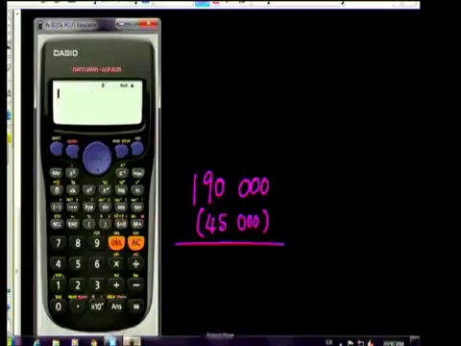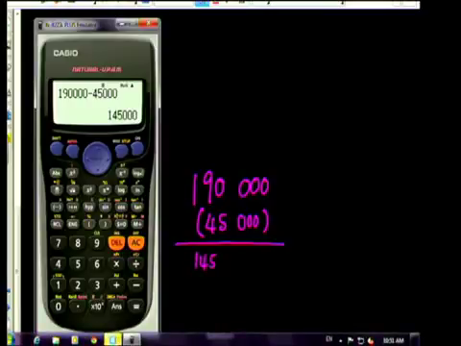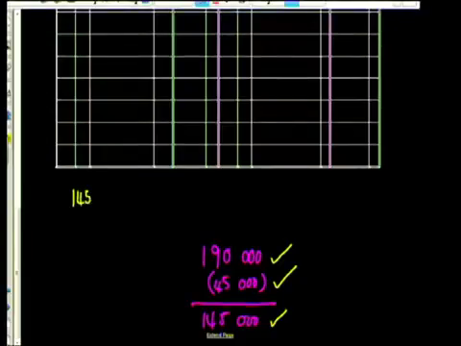And therefore we have 190,000 minus 45,000, which gives me a figure of 145,000 shares. That's the number of shares. Keep that in mind.